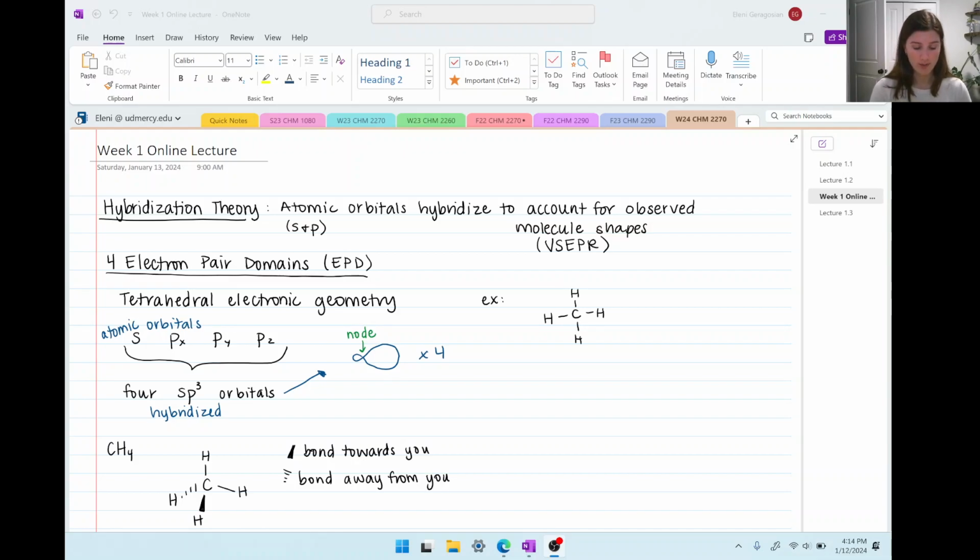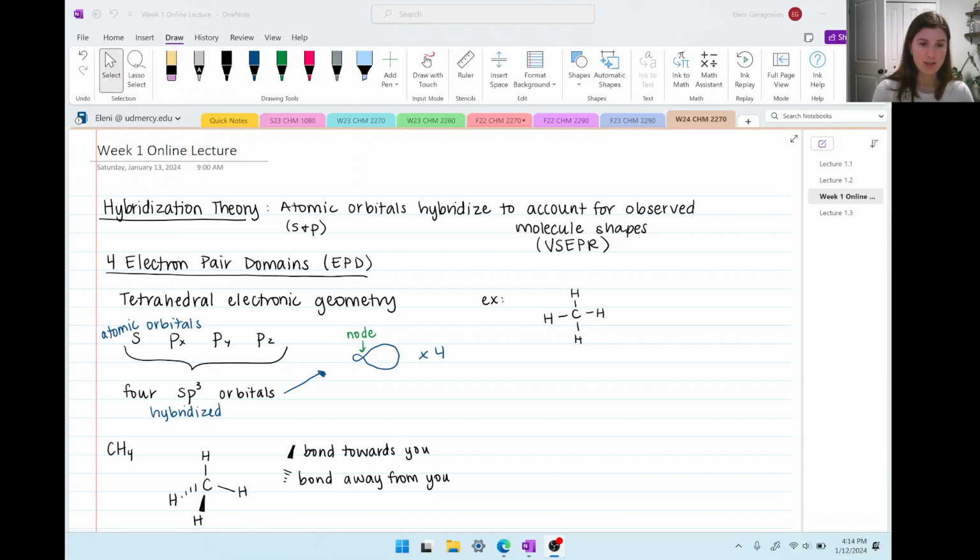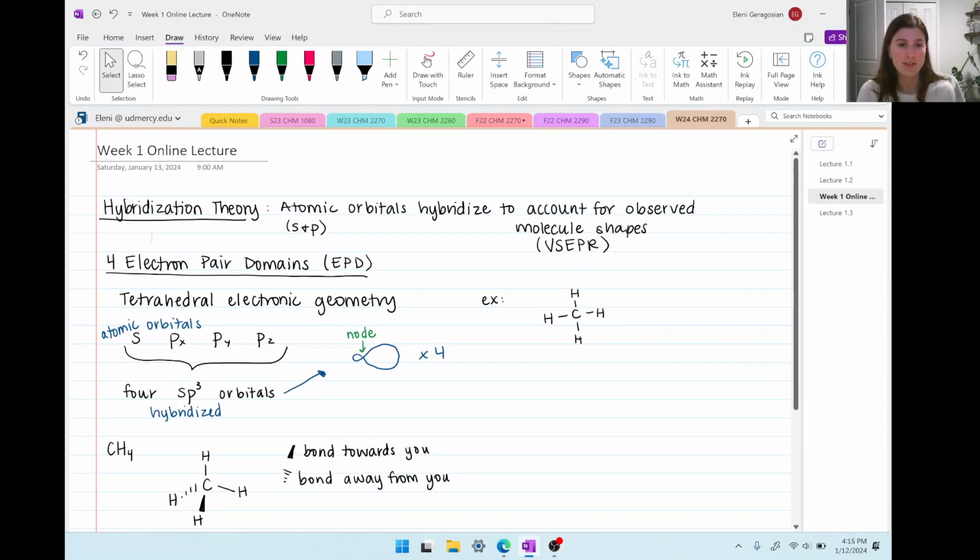Something like carbon in the molecule methane, CH4, has 4 electron pair domains. A single bond is an electron pair domain, along with a lone pair, a double bond, and a triple bond. All of those are 1 electron pair domain each.